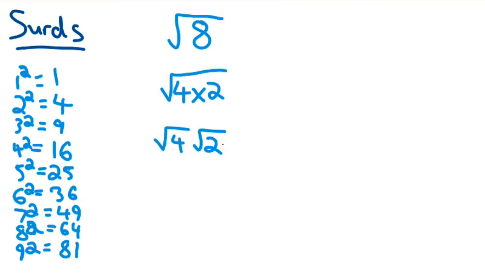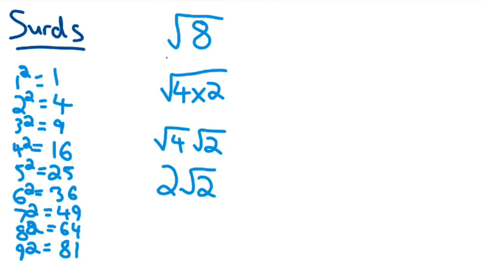Now here you'll notice, even though we still don't know what the square root of 2 is, we can do the square root of 4 from over here. Square root of 4 is 2. So this will be the same as saying 2 times root 2. And thus, you would have a simplification of the root of 8.